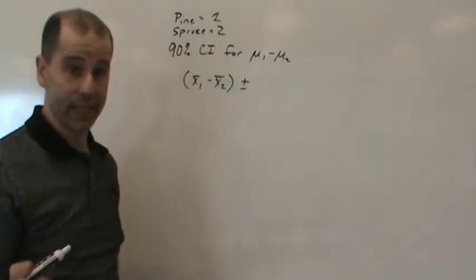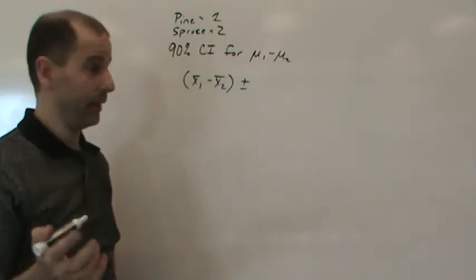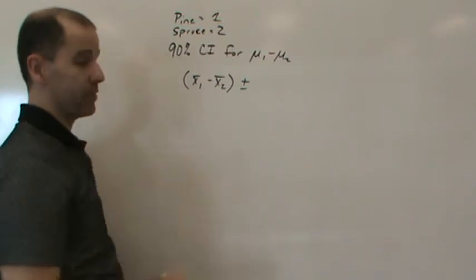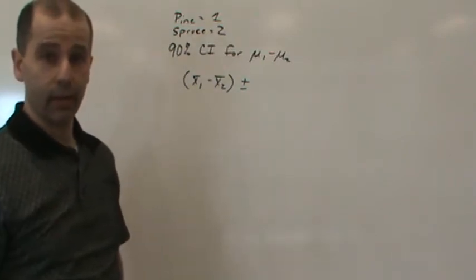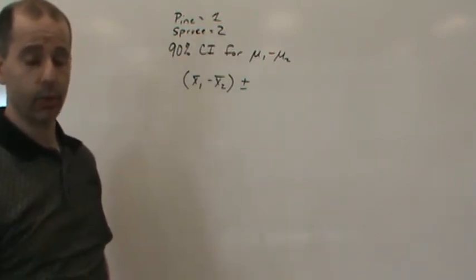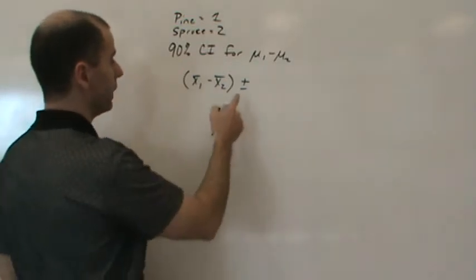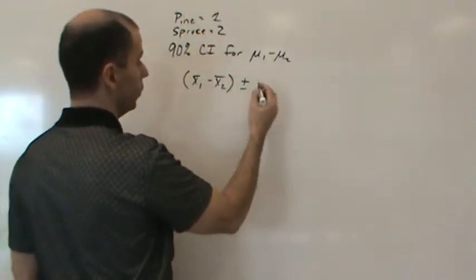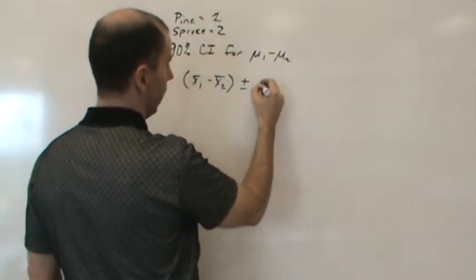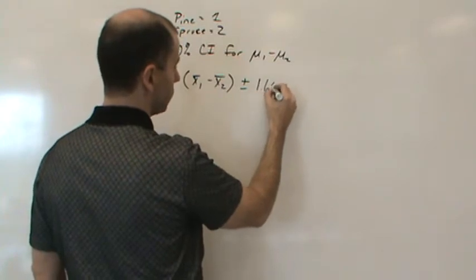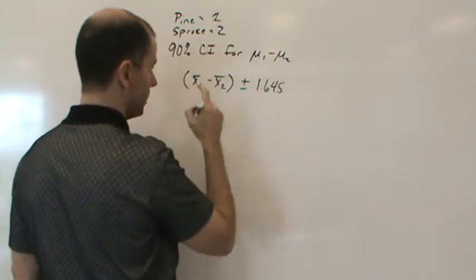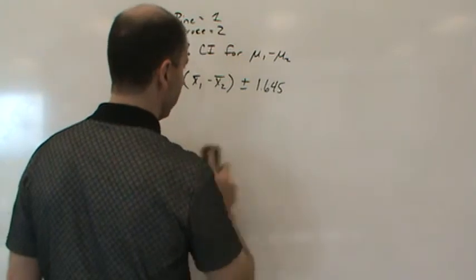Now, here's where, again, you should know these things by now or be able to get them easily. 90% confidence interval will give you what critical value? It's going to be 1.645, okay, as your z alpha divided by 2.